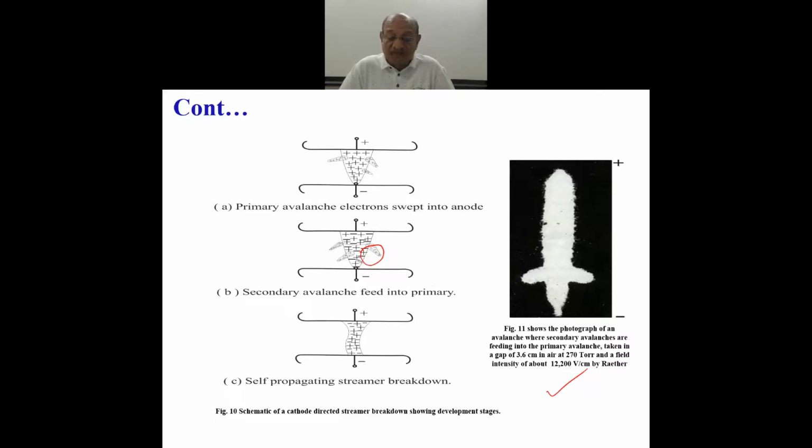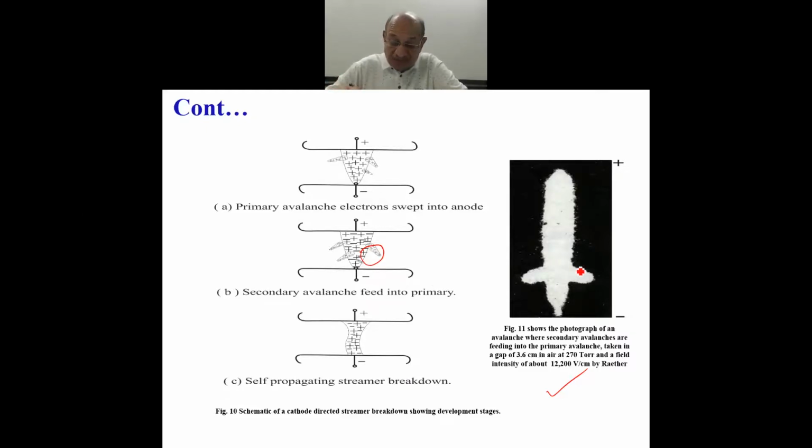When the avalanche grows above critical amplification, the number of charged particles is much higher than 10 to the power of 8. And the space charge, as we learned, towards the tail enhances the total field intensity, new avalanches give rise, and they feed into the primary avalanche.